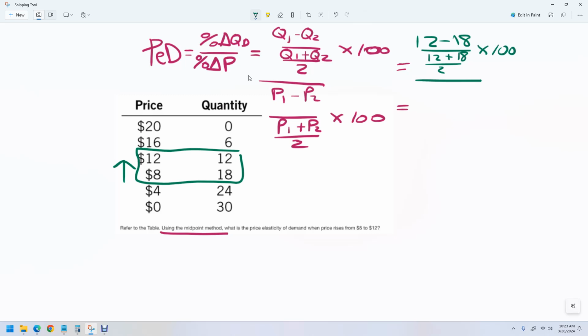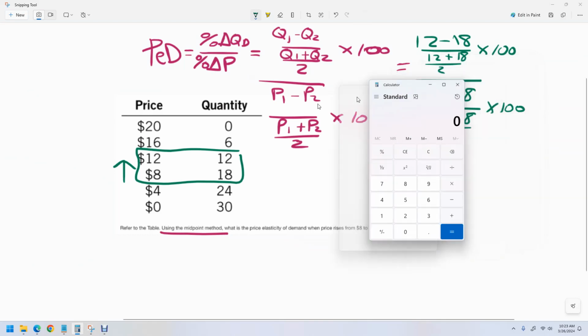And down here, we've got the two prices. So the new price is 12 minus 8, going from here to here, over 12 plus 8 divided by 2 times 100. Okay, so we'll pull out our calculator.